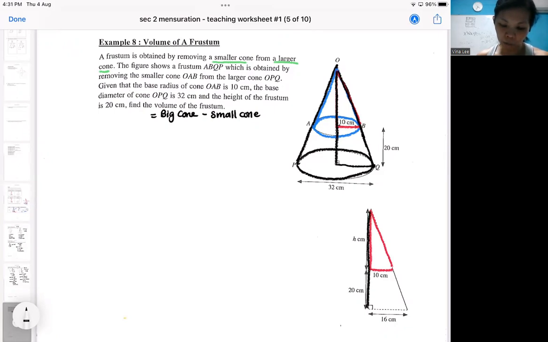So at this stage, you should have already learned similar triangles.